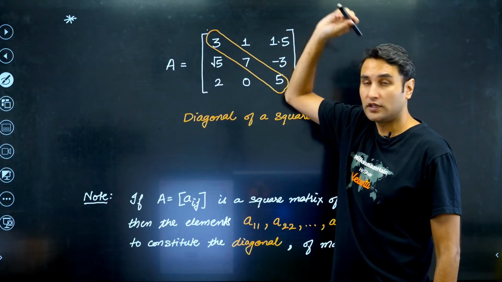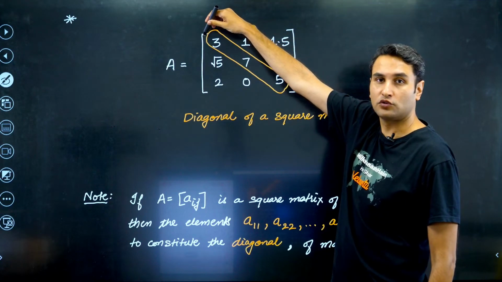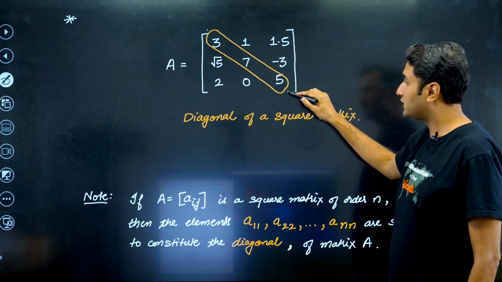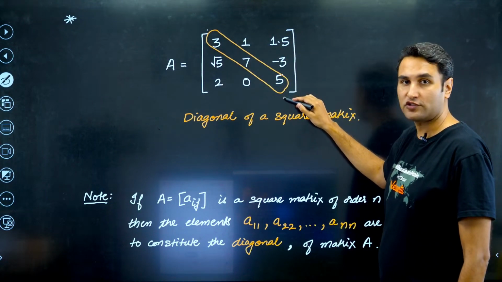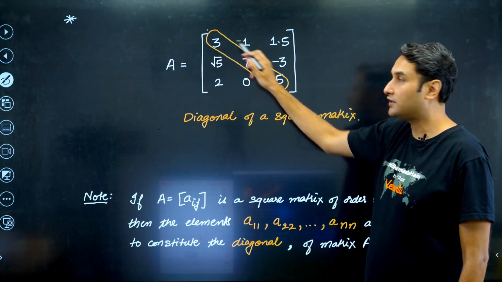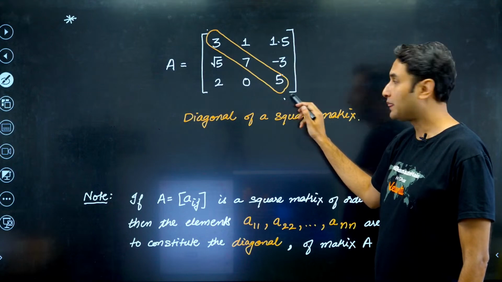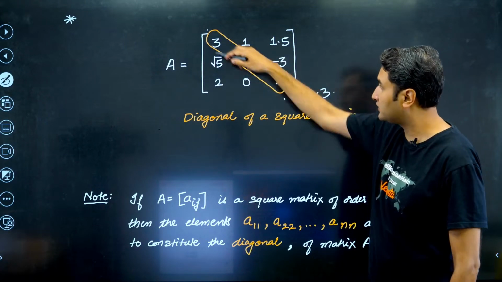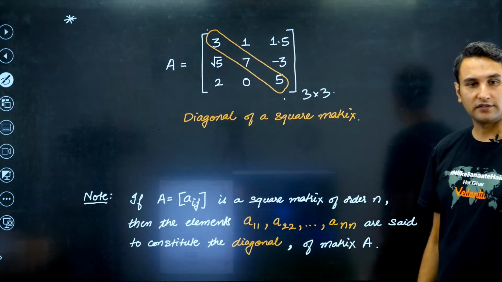Start from the first row, first column element, and keep coming till the last row and last column element. In this case, this is A11, this is A33. This is a 3 by 3 matrix, so you can easily imagine the diagonal here.